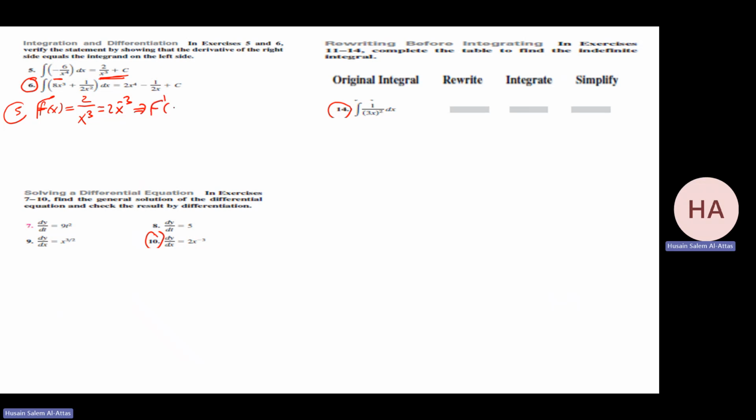So capital F prime will be 6, x to the power minus 4 with the minus sign. So it's minus 6 over x to the power 4, which is this one. So this is correct, which is small f of x.